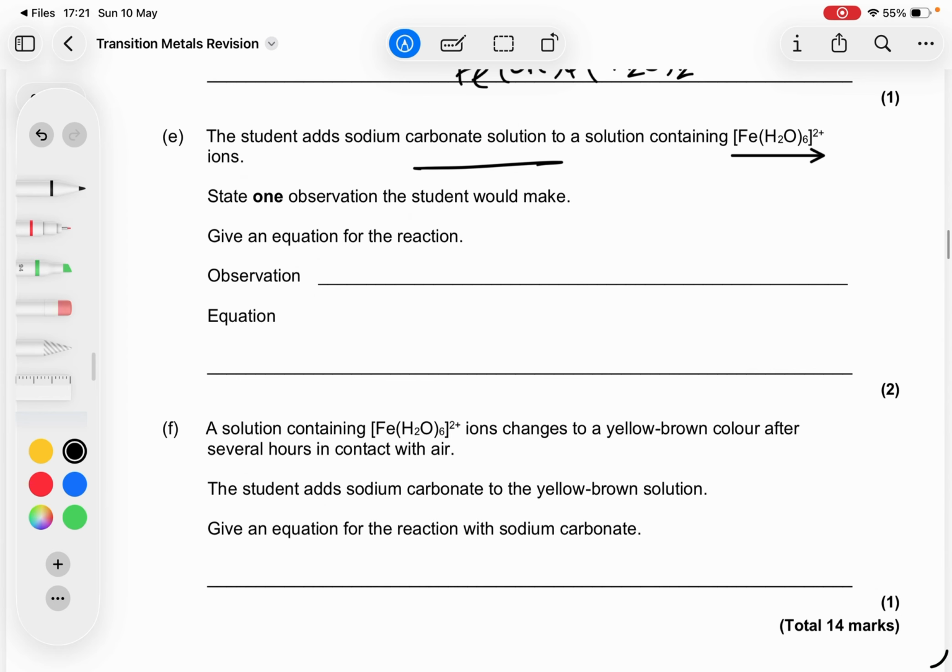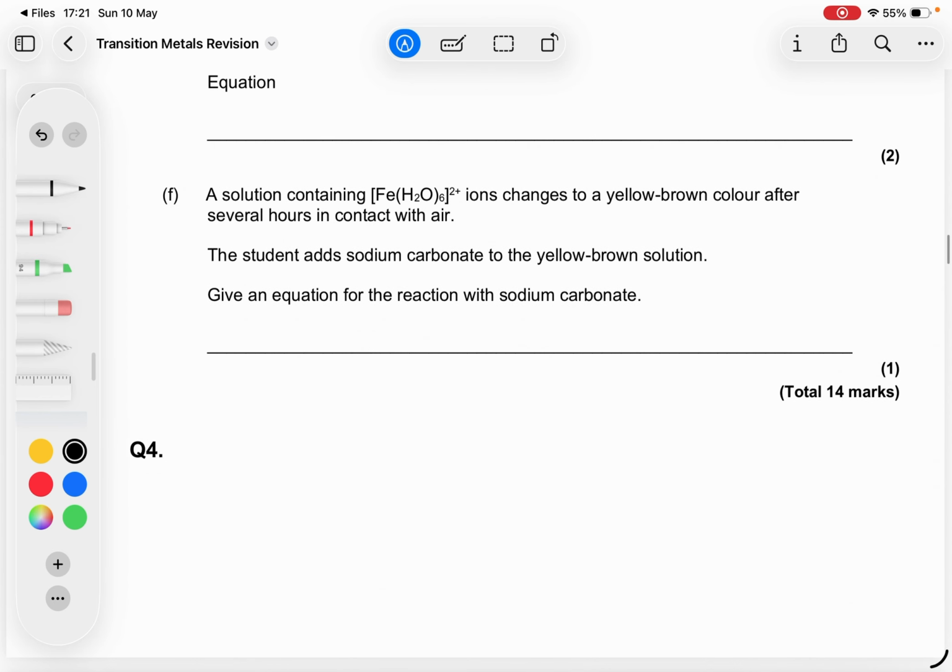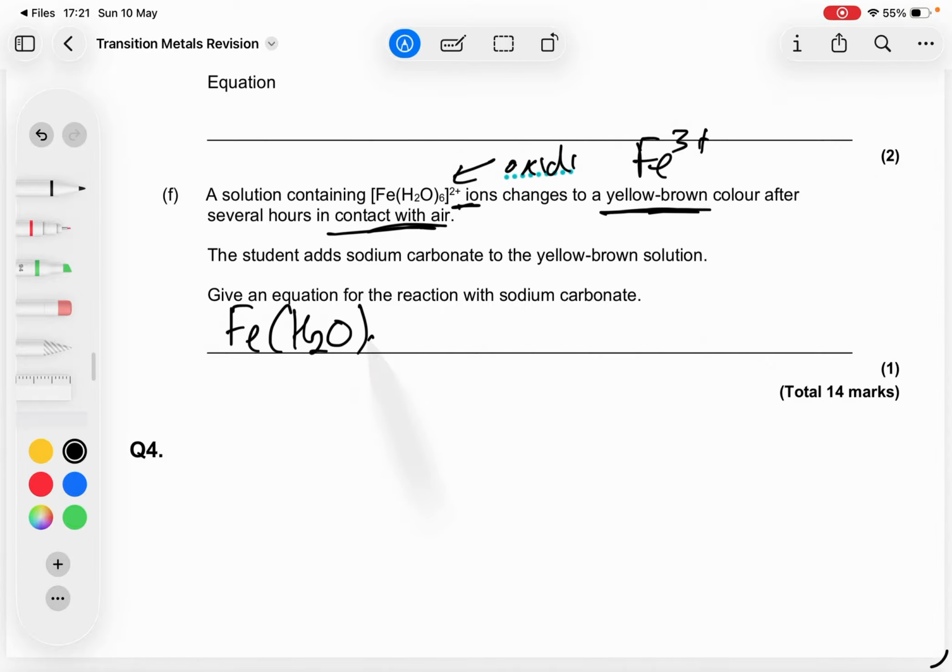You've got to memorize it. Fe2 plus changes to yellow brown after contact with air. That means it's been oxidized. So it's Fe3 plus, and that equation we have already looked at.